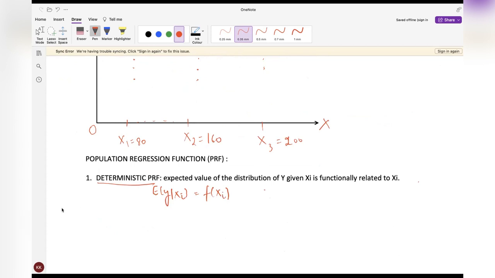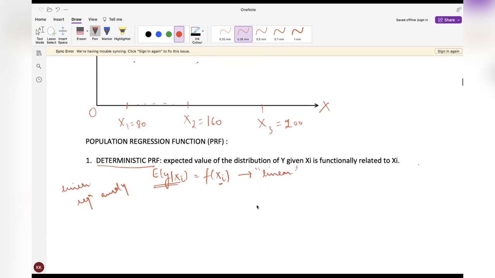Because we are talking about linear regression analysis, we assume that the relationship between this expected value and Xi is linear. For now, we are assuming this, right?